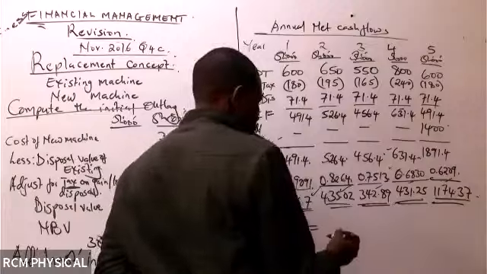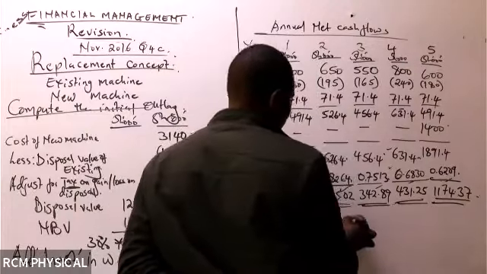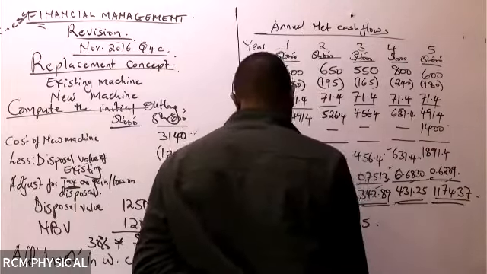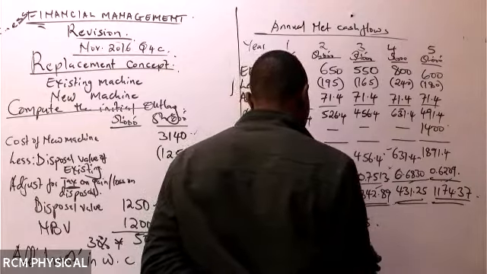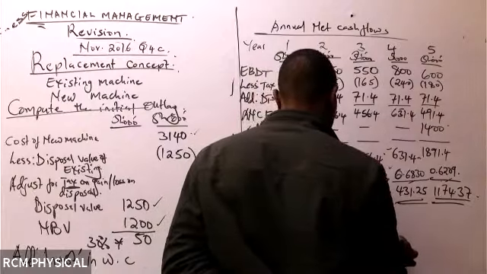We get 2830, and 2830. And to get the net present value, we take 2830 minus 2555.